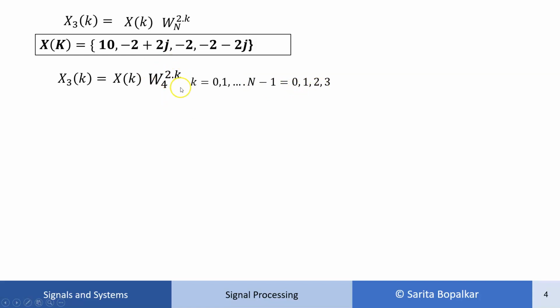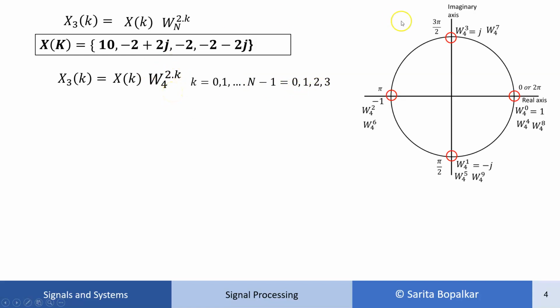To find the twiddle factor values, we are using the phasor diagram. So k varies from 0. For k equal to 0, X3 of 0 is equal to X of 0 multiplied by W_4^{2k}, where 2 into 0 is 0.